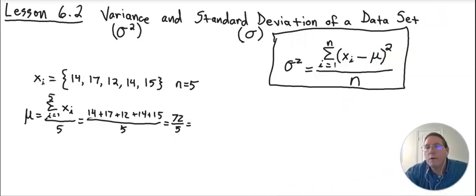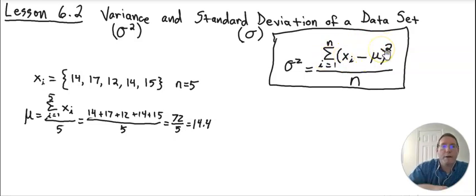All right, so we know that the mean is going to be 14.4. And so what that means is now when we do this, our formula is going to be x i minus 14.4, and then whatever number we get here, we're going to square it, okay?